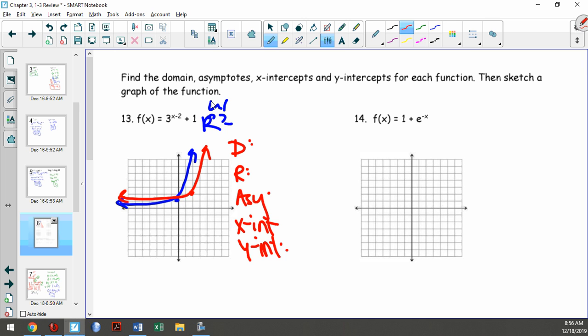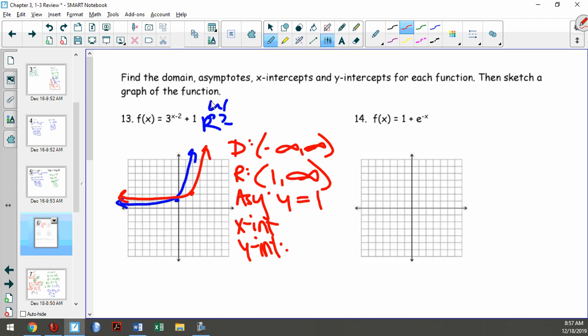It is negative infinity to infinity. And what is the range of this graph? Well, your range is basically played out by looking at your asymptote. What is my horizontal asymptote here? 1. It is going to be y is equal to 1, which means my graph doesn't start until the 1 value, 1 to infinity. Do we all understand that?